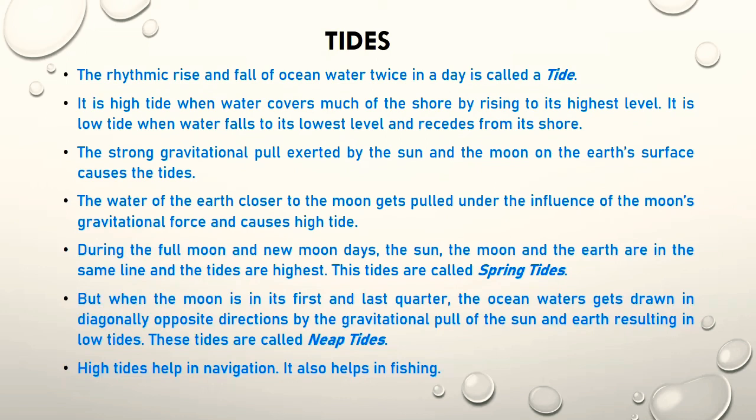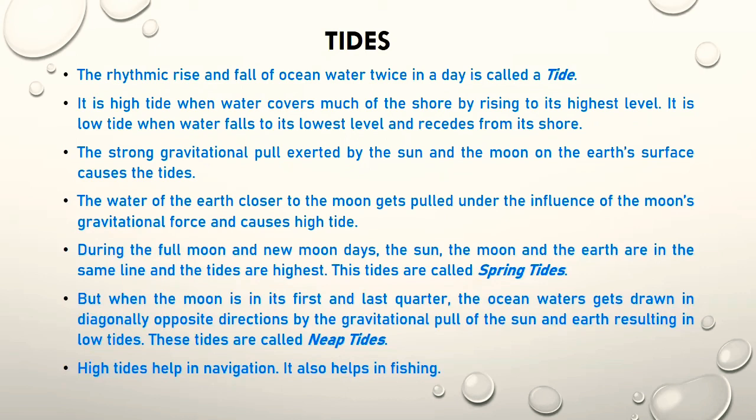The ocean water gets pulled in the opposite direction by the gravitational pull of the sun and the earth, resulting in low tides. These tides are called neap tides.